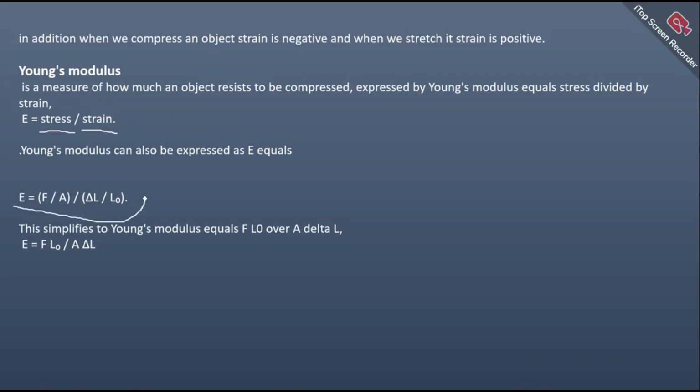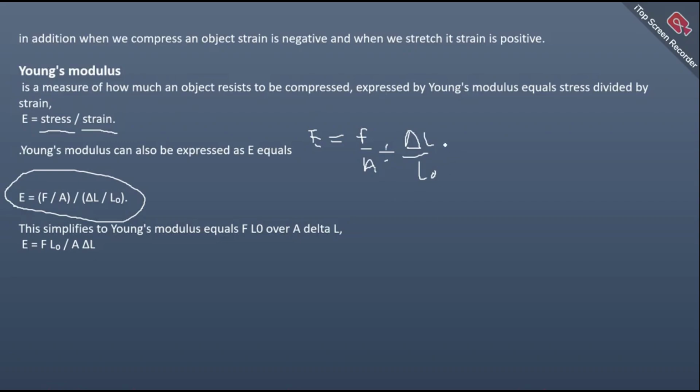I've just written this equation here. Very simple. It's saying elastic modulus is given by force divided by what? Area. Now, we know that this is division, so we're dividing by change in length divided by initial length.